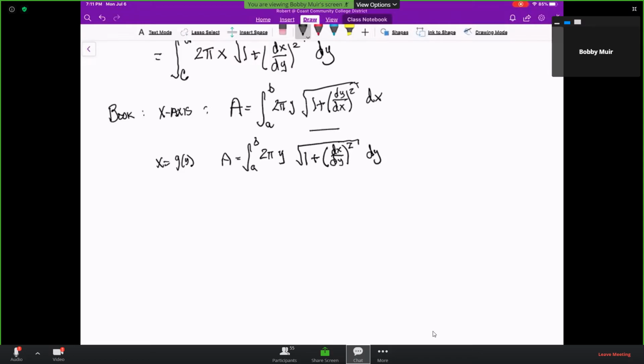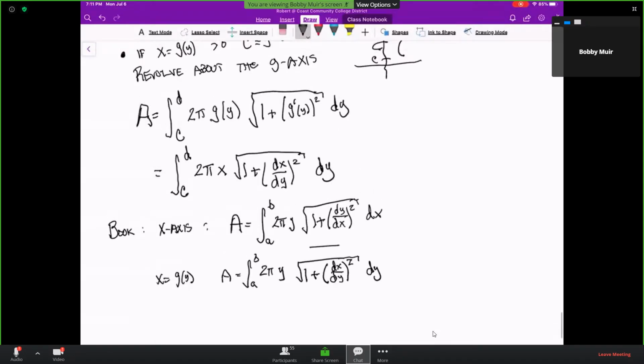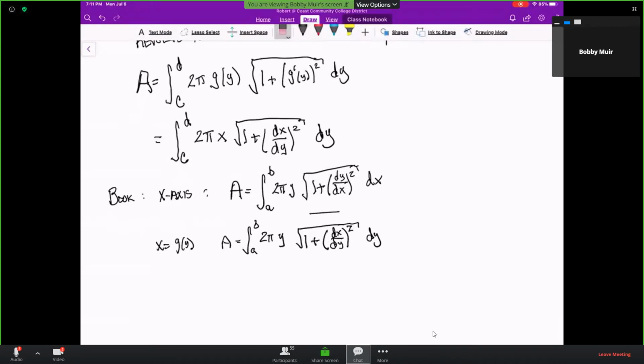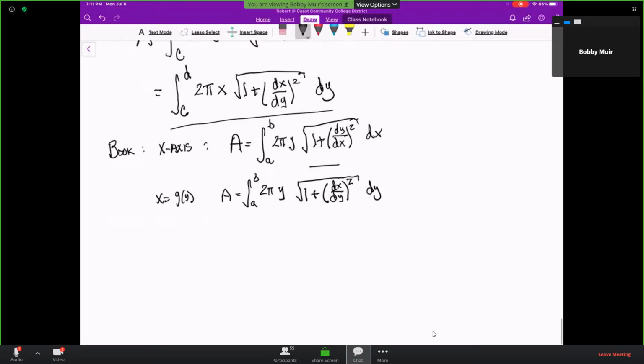Now notice back up here, I said if we've got this thing revolving around the y-axis, this is the formula. Now look at that one and look at this one. You see the difference?